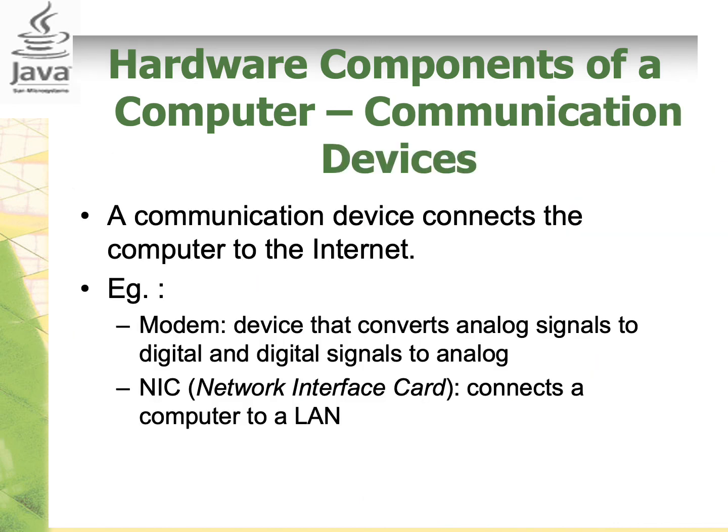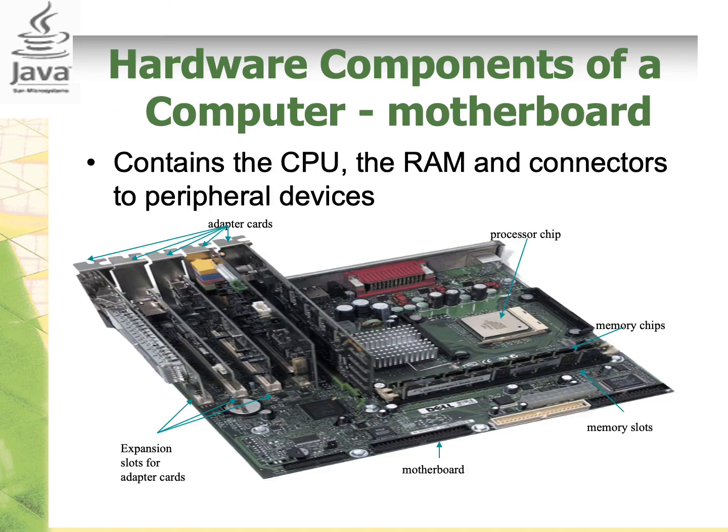A communication device connects the computer to the internet. For example, we have the modem, which is a device that converts analog signals to digital and digital signals to analog. And we also have the network interface card, which connects a computer to a LAN. This figure shows an example of how a motherboard looks.